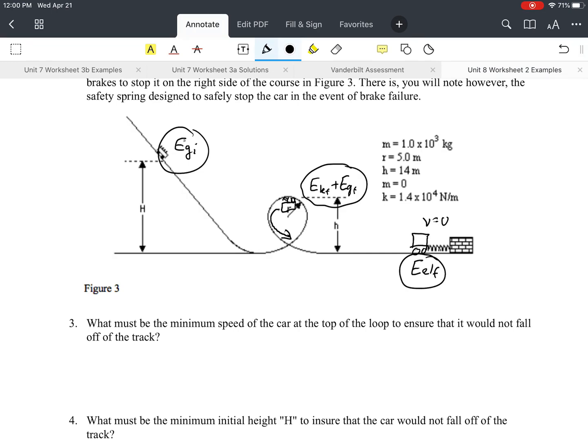And so that means the only force we would have at the top of the track is Fg. And so Fg is going to be equal to our Fnet. So Fg will be equal to Fnet. And so then you'll just solve knowing what's in our list of things right there.